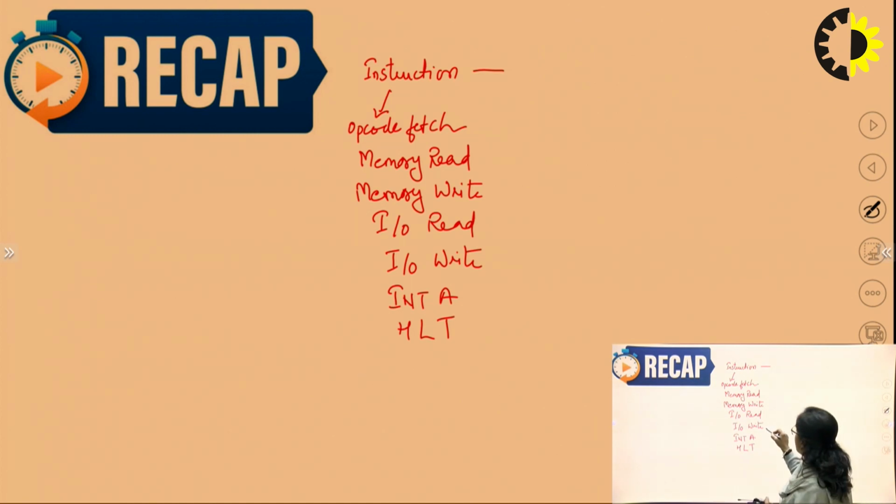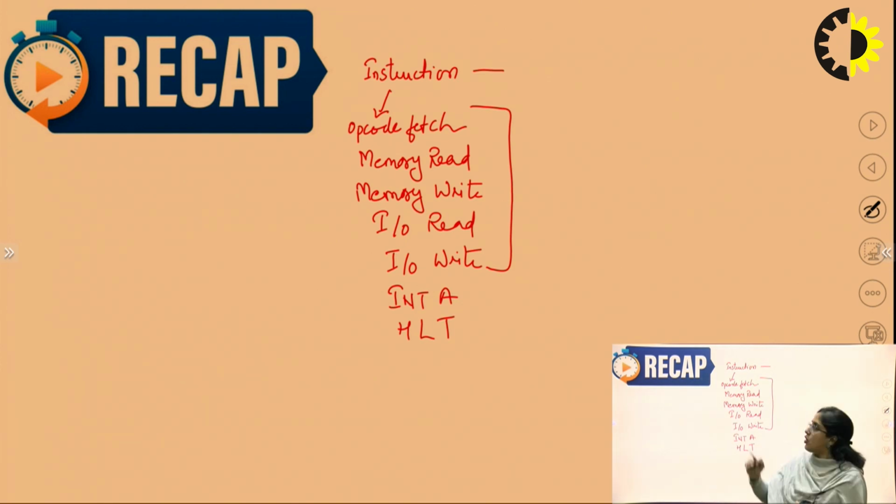These are the machine operations that specifically 8085 is performing, but these are the machine cycles which any microprocessor or microcontroller will be performing. In case of 8085, the first and foremost machine operation for any instruction is opcode fetch. Next, when this instruction is fetched, the opcode is decoded, then microprocessor will decide the next machine operation, whether it has to read something from memory or from an IO device or it has to write something.